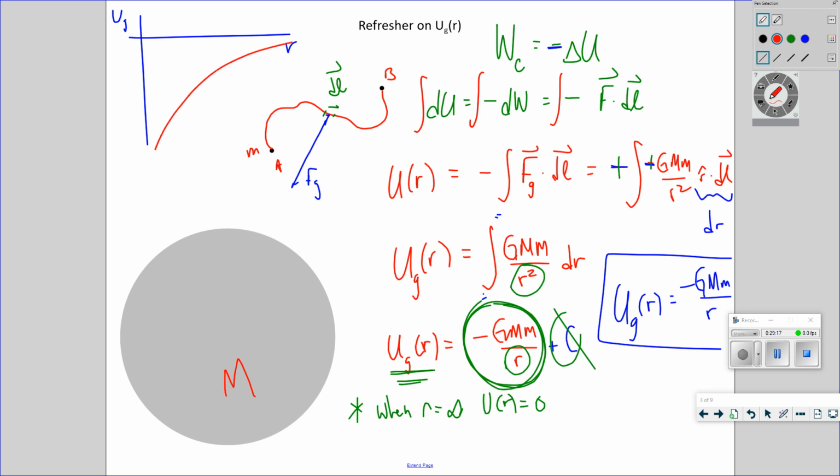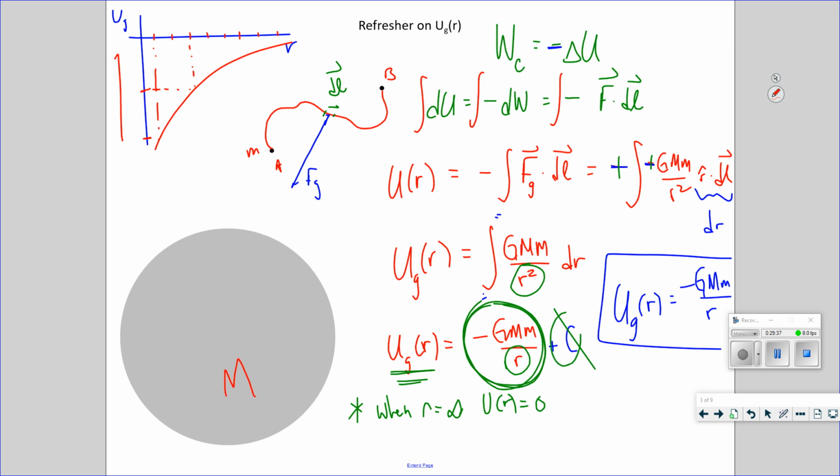Which means, this is weird, as r gets bigger and bigger, where things get farther and farther away, look at this one, there's that much gravitational potential energy. Farther away, there's this. This is more.